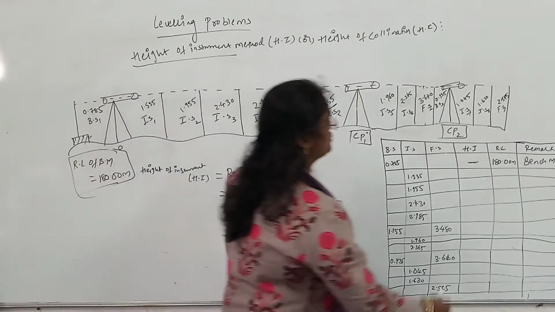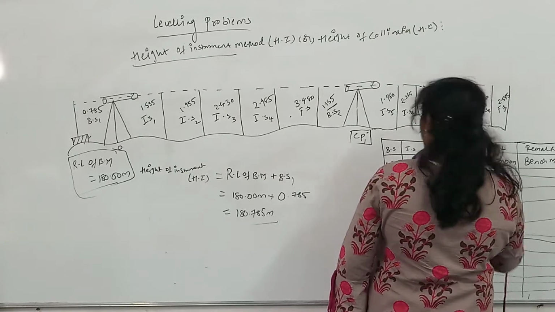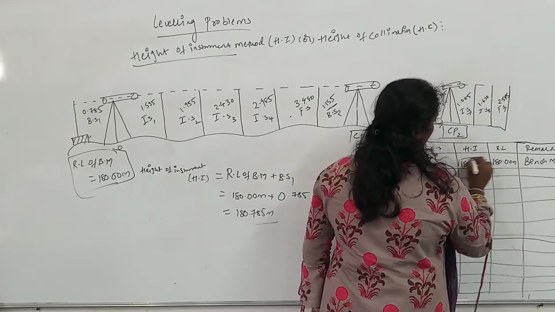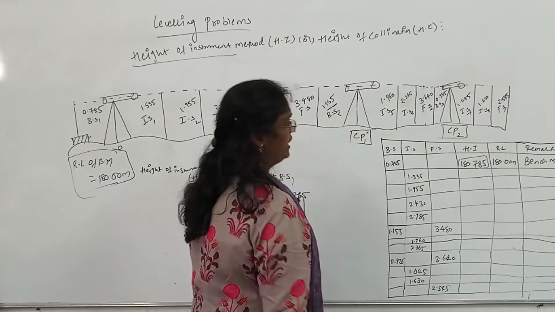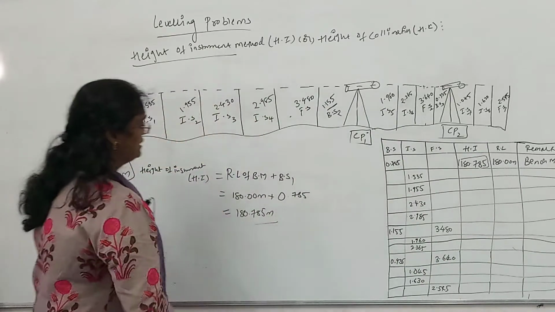Your height of instrument is at this height, 180.785. Now we have got the height of instrument. Now we need to find out all the RLs.